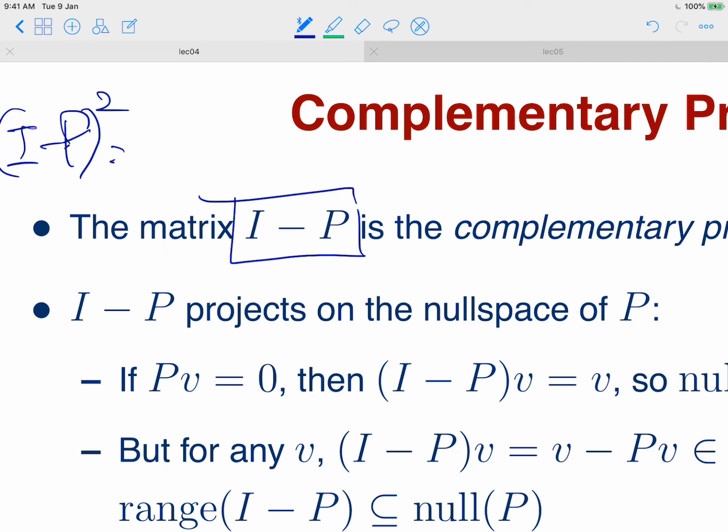So this is I minus 2P plus P squared. So this is P, because P is originally idempotent, right? And then it is the same as I minus P.